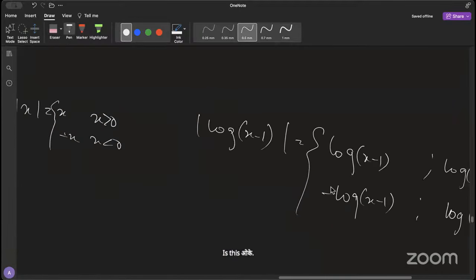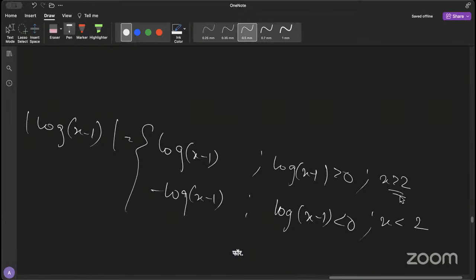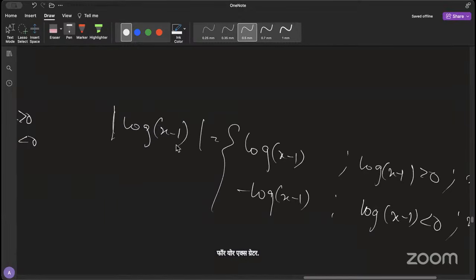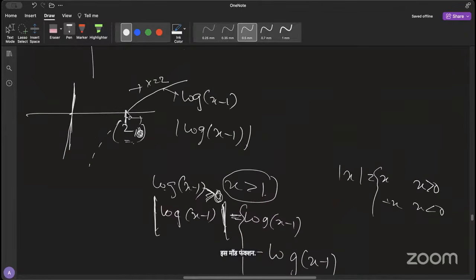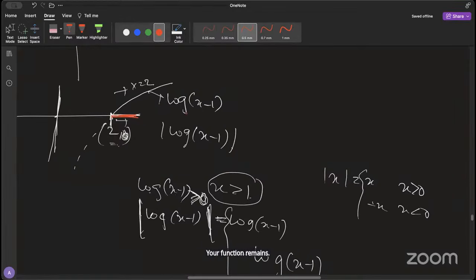So that means for x greater than 2, mod of log of x minus 1 is the same as log of x minus 1. So for x greater than 2, on this side, your function remains log of x minus 1. And on this side, when x is less than 2, this one is log of x minus 1.